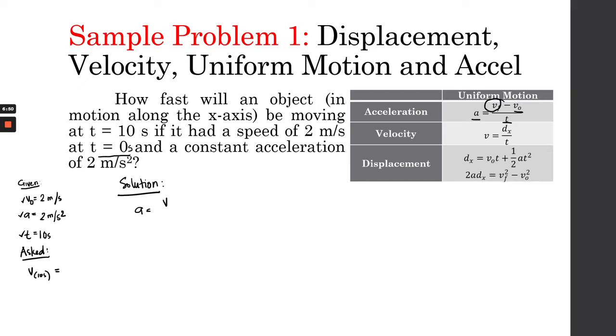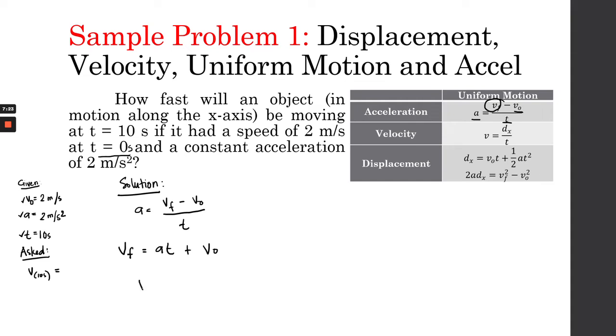Acceleration is equal to final velocity minus the initial velocity, divided by time. And since what we are looking for is the final velocity, we have to rearrange this equation. So the final velocity is equal to acceleration multiplied by time, plus the initial velocity. After finding this equation, what we just have to do is substitute all the values.